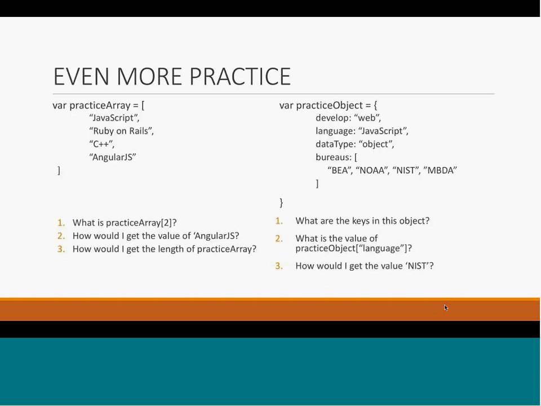So I want you to make sure that you get this. So looking at this again, do we have variables on this page? How do we know? Because we have names and values. Yes. So what is practice with an index of 2? C++.